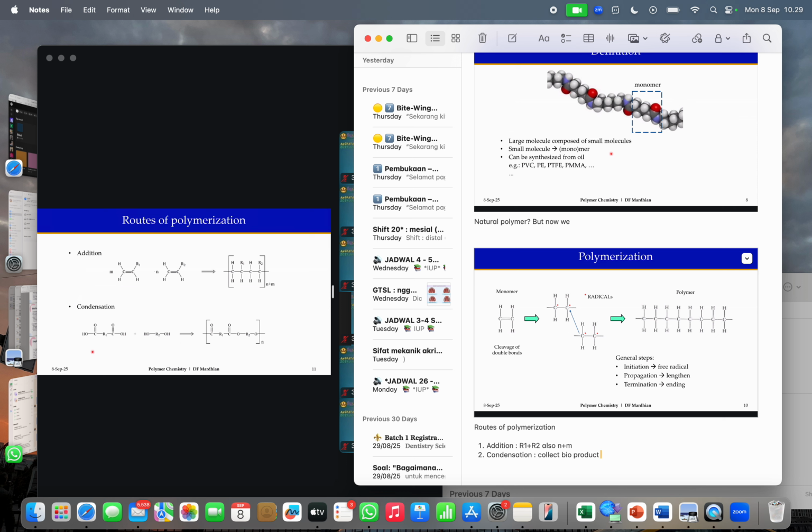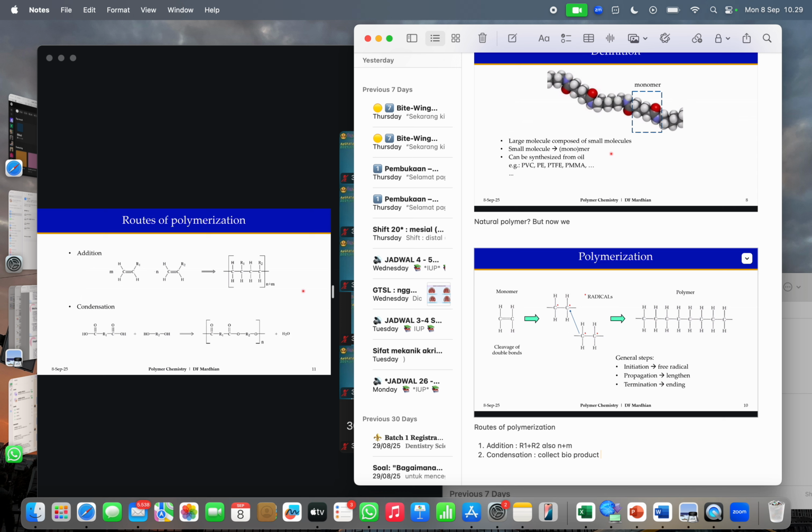So we have this N plus R2. However, the hydroxyl groups from R2 and R1 are combined, creating a byproduct of water.